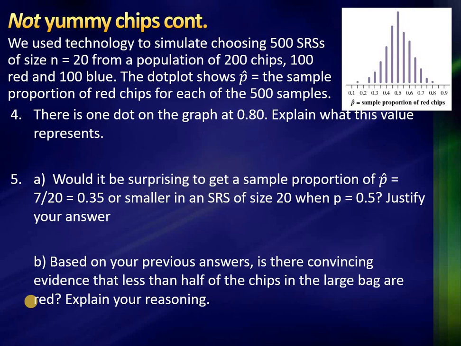So this is just 500 of them. I want you to go through and read 4 and 5. Try to answer those. This is what statistics is about. It's about going from a sample to make an educated guess about the whole population.